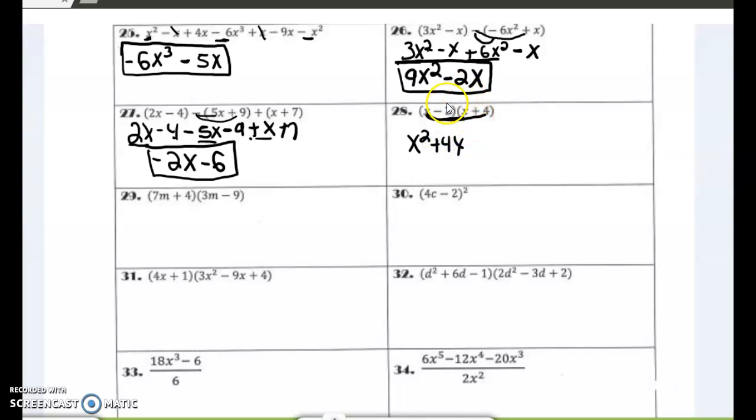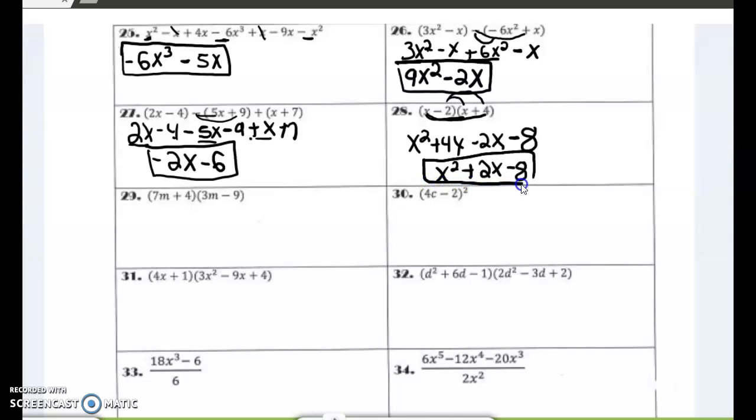Then you're distributing the negative 2 to the x, so that would be a negative 2x. And then negative 2 times positive 4 would be a negative 8. We're going to combine the middle terms, which will give us x squared plus 2x minus 8.